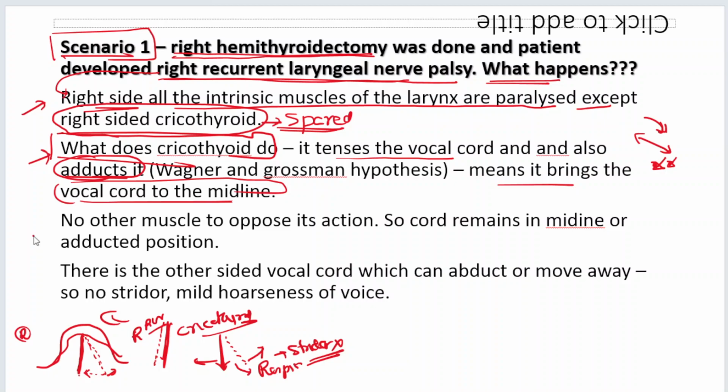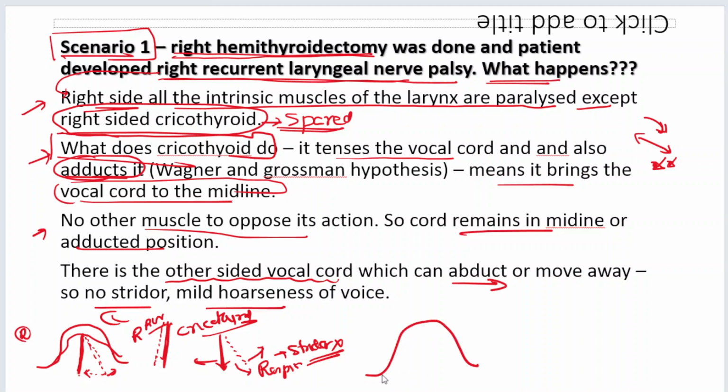So what does this say? No other muscle opposes the action, so the vocal cord remains in the midline or adducted position. Only the cricothyroid is functioning, tensing the vocal cord and pulling it medially to bring it to the midline. But the other side vocal cord is there, thank goodness, so it can abduct or move away. So there is no stridor, only mild hoarseness of voice. This is how the vocal cord will appear on the right side, almost at the level of the midline.